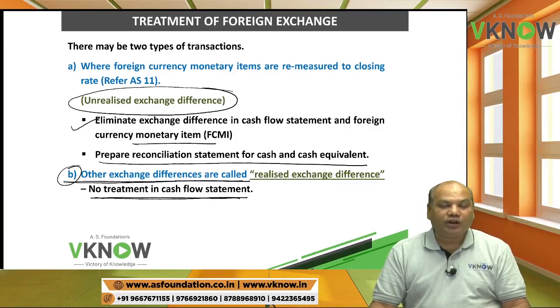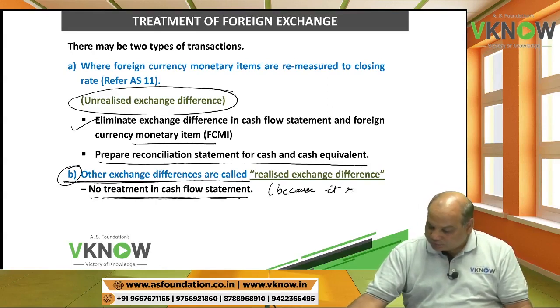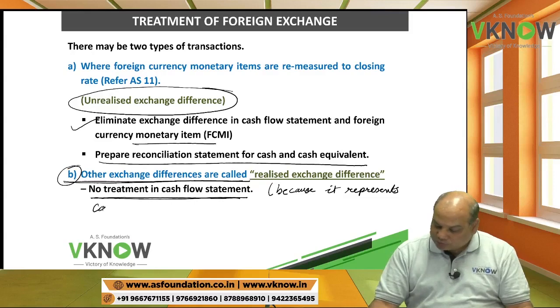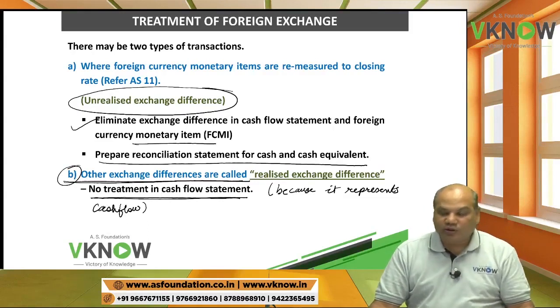In case of exchange differences which have been realized, no further treatment is required because it represents cash flow. So when cash flow has actually been realized, no adjustment is required.